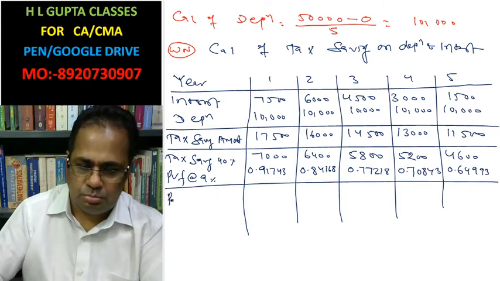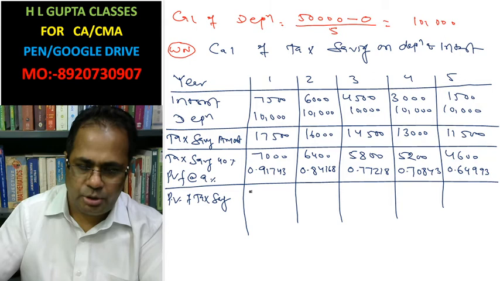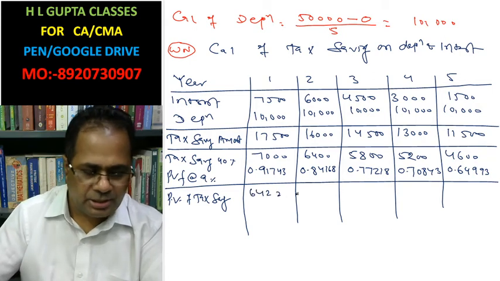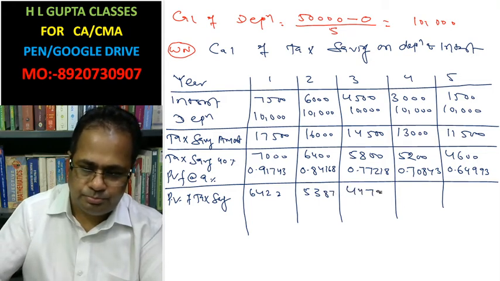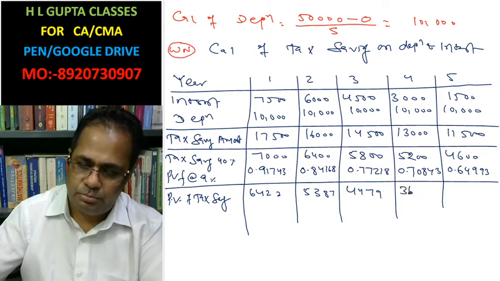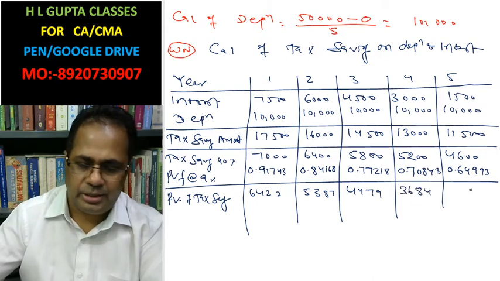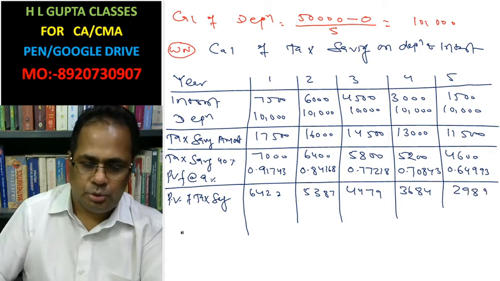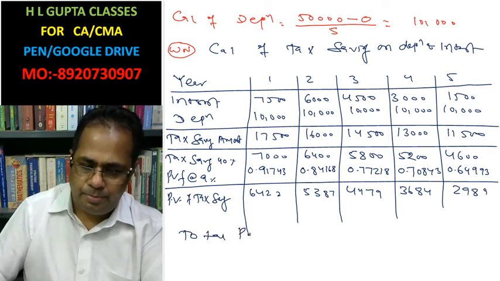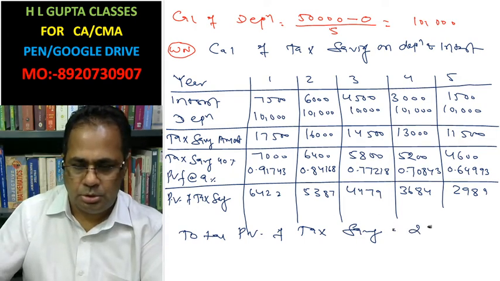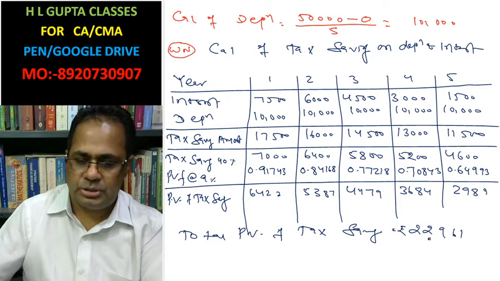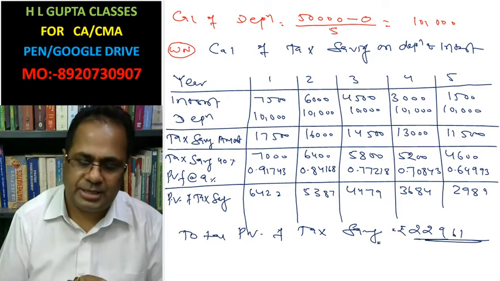Present value of tax saving is 6,422, 5,387, 4,479, 3,684, 2,989. The total present value of tax saving is 22,961. This is the present value of tax saving due to depreciation and interest.